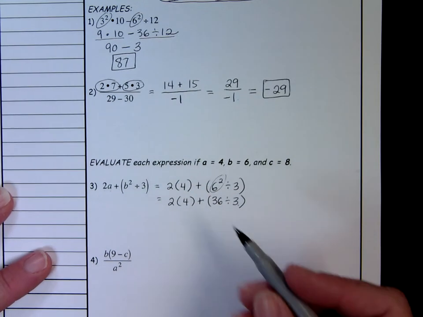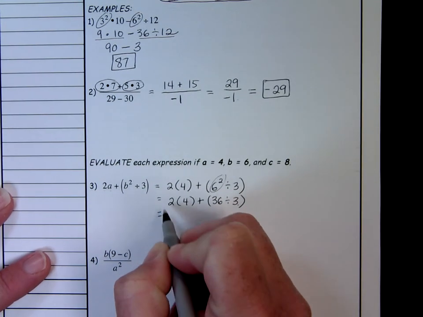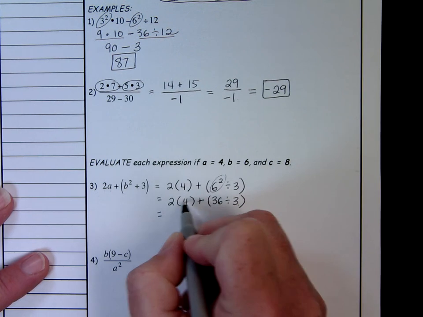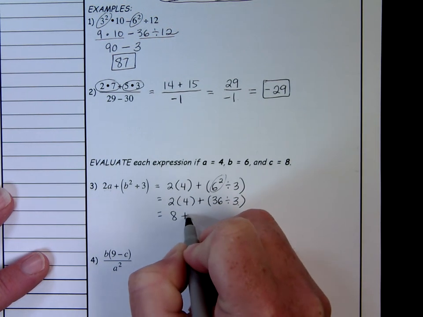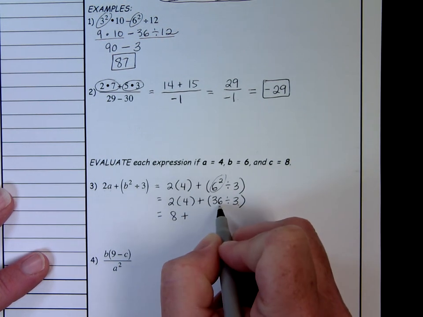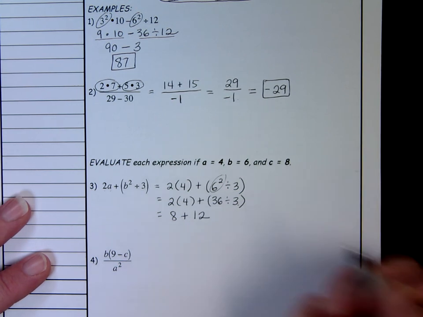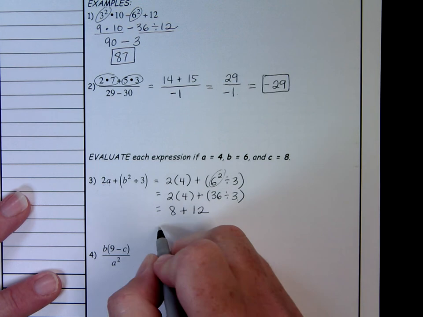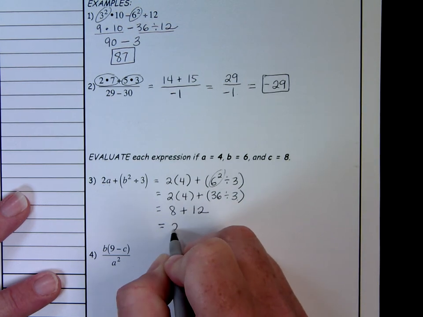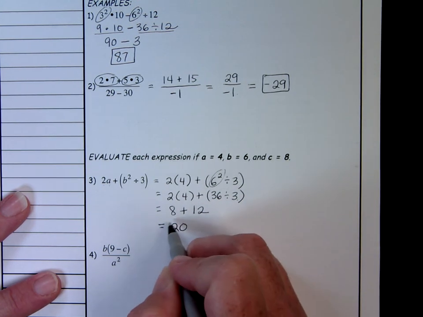So they don't really serve a real purpose here. 2 times 4 is 8 plus, and inside the parentheses we have 36 divided by 3, which is 12. You can leave the parentheses or you can drop them off at this point. We have addition left, and 8 plus 12 is 20. So there is our answer.